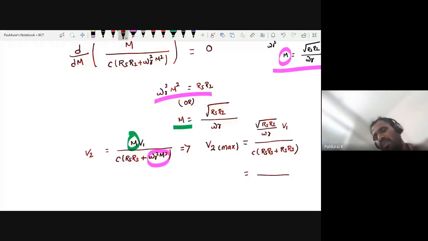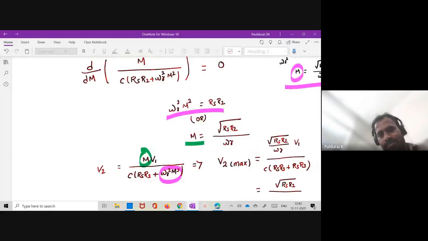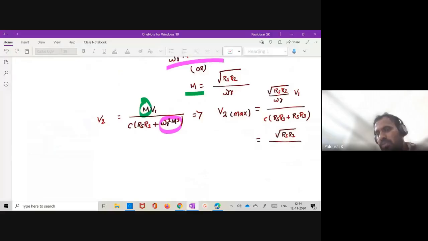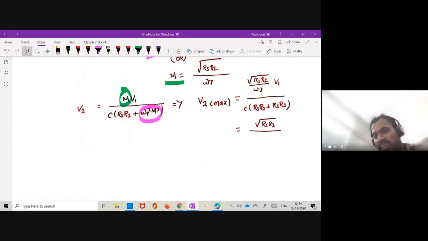Plus omega R squared M squared. To calculate maximum output voltage, which is given by M equals square root of Rs R2, it becomes square root of Rs R2 times V1 divided by omega R into C times 2 Rs R2.